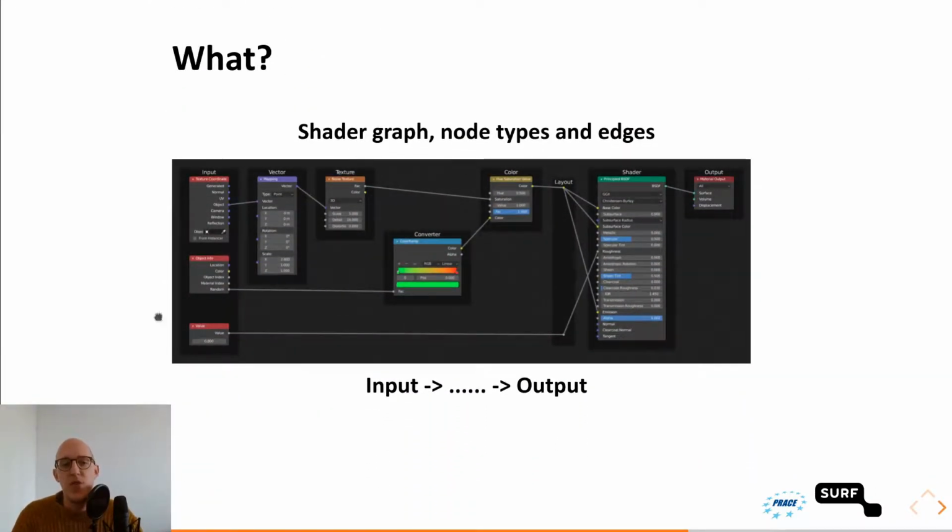So what can we find in this shader editor? We can find a shader graph which contains different node types connected by edges.